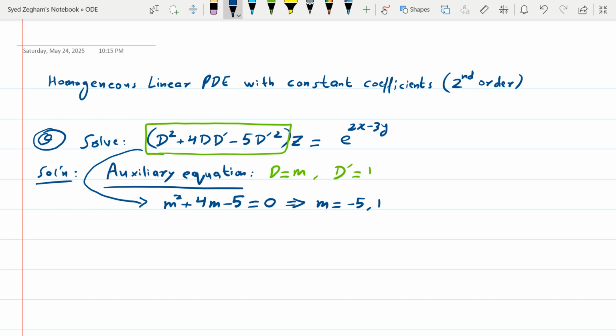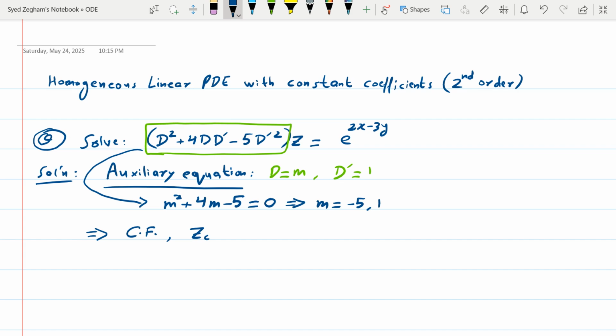Now, using these two values, we will write our complementary function. Same language we used in second order ODE also. So we will directly write, this implies our complementary function. In short, I am writing it as CF. You can denote it by Zc also.